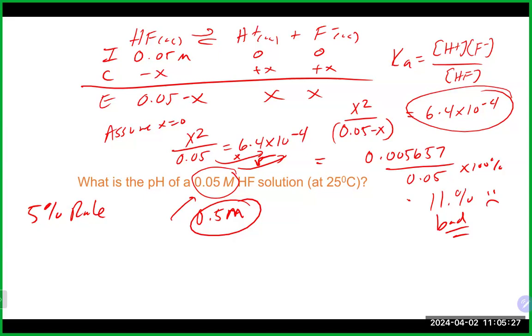So concentration is really important in terms of whether those assumptions will work or not. And in this case, because the first one was much larger than the second one, it actually works. So the take-home message here is you shouldn't just autopilot and assume that the assumption will always work. You should take that moment and make sure that you check it because it may not always work.